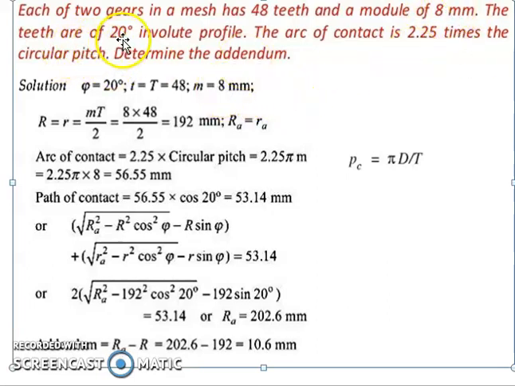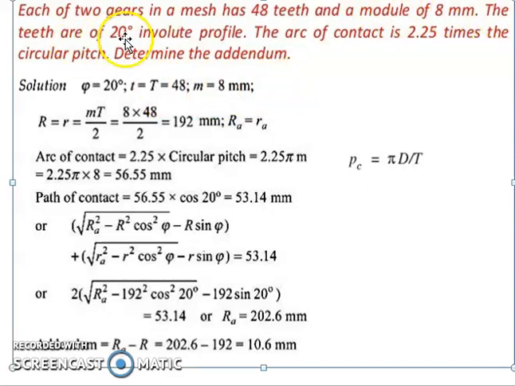So capital T is equal to small t is equal to 48, and m is equal to 8 mm.